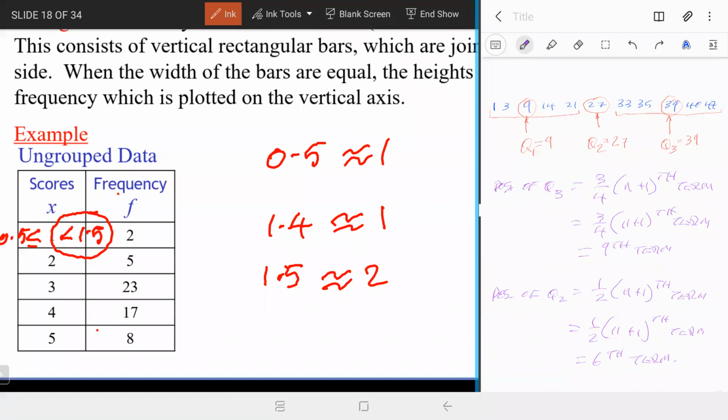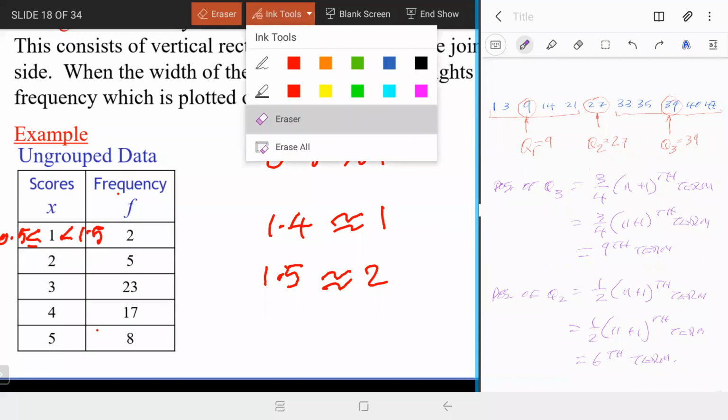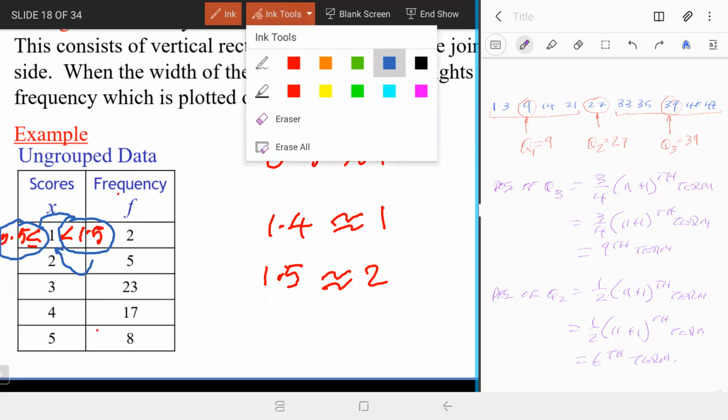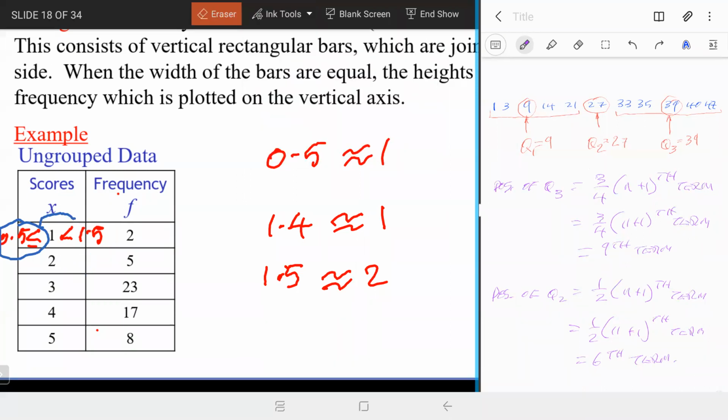You understand that? So what it means is that any value that is equal to or greater than 0.5 but less than 1.5 will automatically become equal to 1, or it's rounded off to 1.